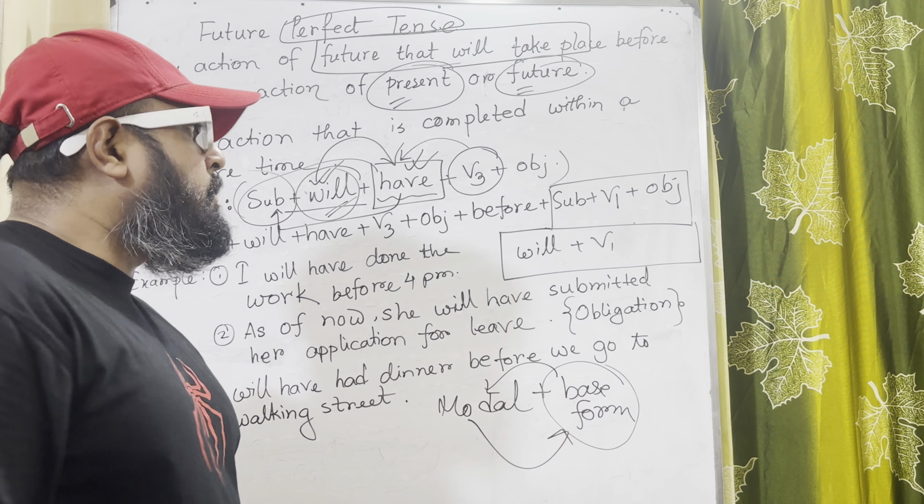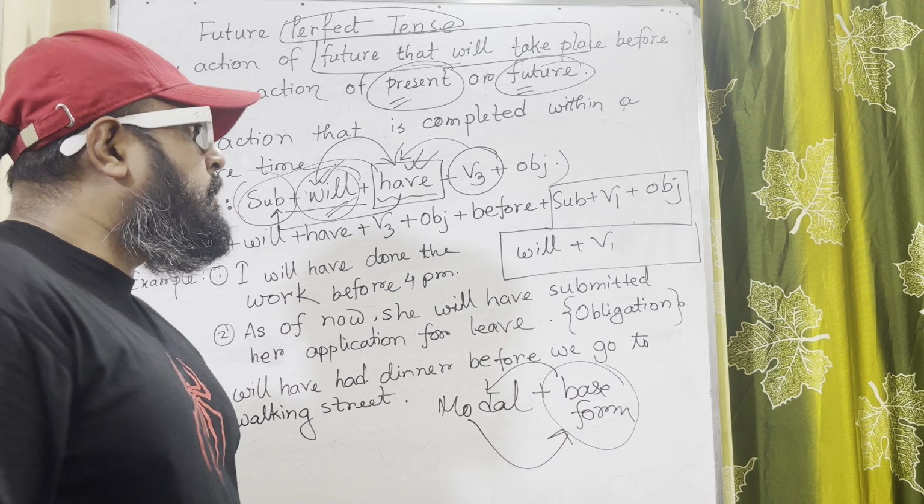You can write the V1 or present form of the verb after future perfect, or you can go with the future indefinite form, simple future, will plus V1. Both are correct.